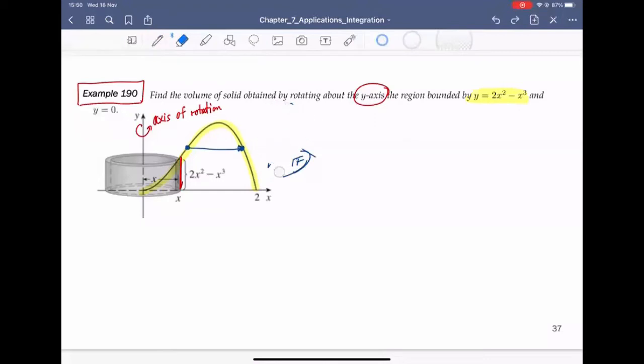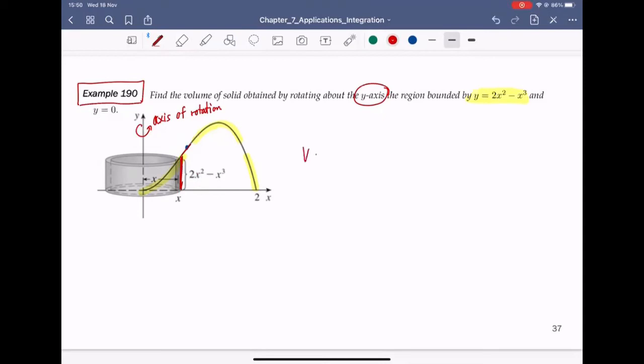Some questions, like this one, force you to use the line parallel to the axis of rotation. That means you have to use the shell method. Once you cut here, every x value you cut gives you a cylinder. But to keep the picture clean, we're going to just cut at one x, and then we have the cylinder here.